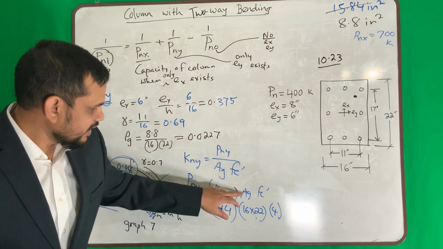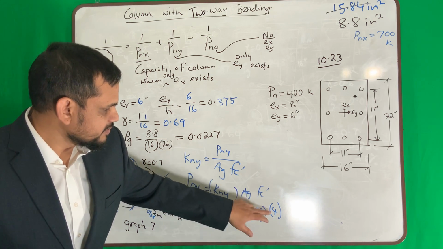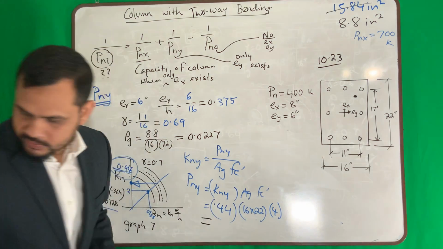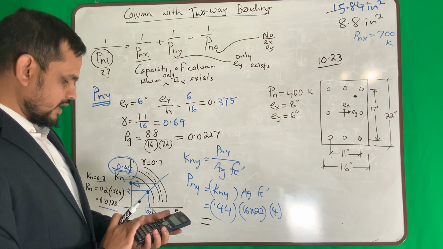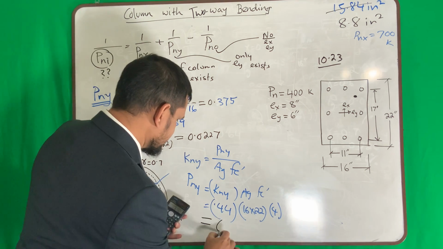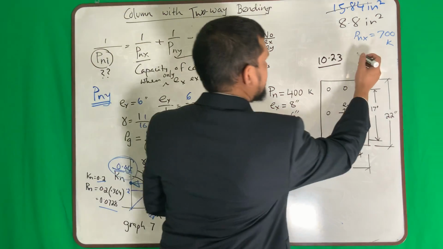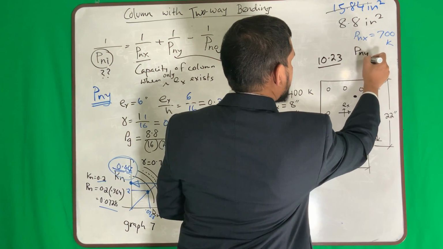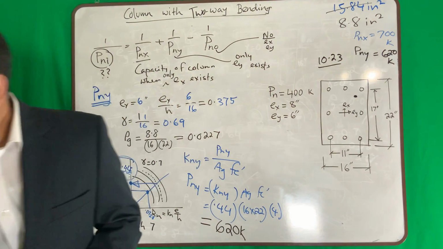KNY 0.44, Ag 16 times 22, A prime C 4. So after the calculation, 0.44 times 16 times 22 times 4. This time I got 620 kip. So PNY say 620 kip. We got that value.